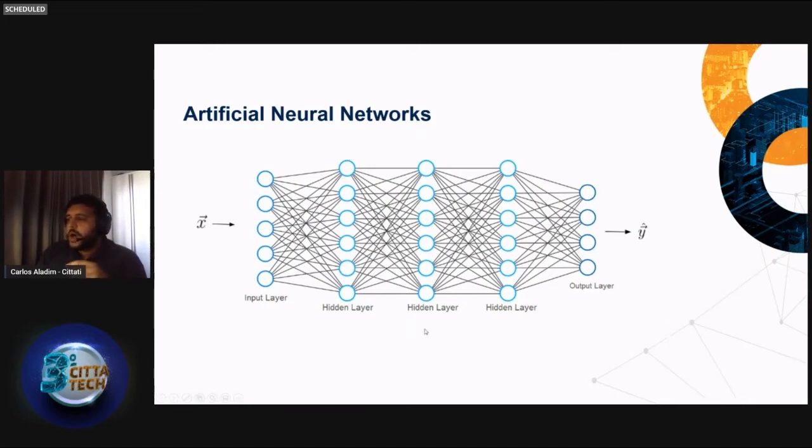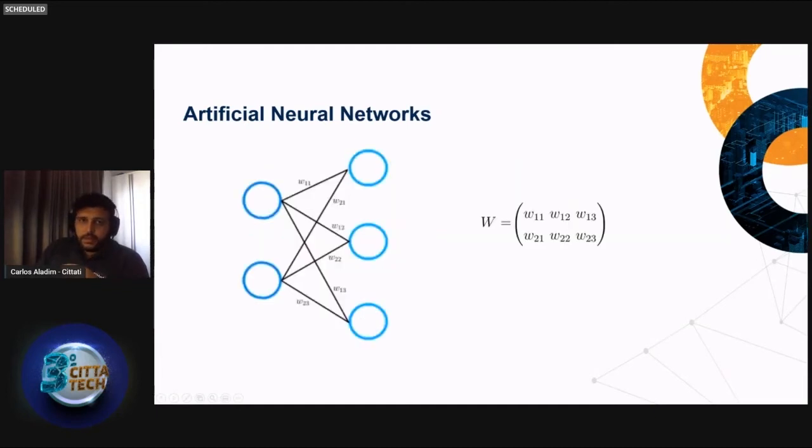Here I'm detecting the borders, what is happening in the borders. Or here I'm detecting the basic shape of an object. And the combination of these characteristics is going to give me an output.